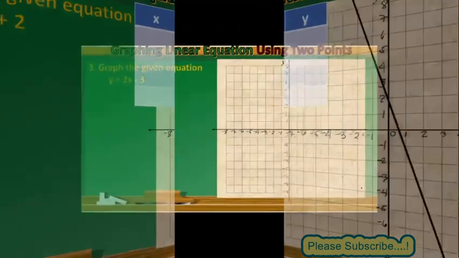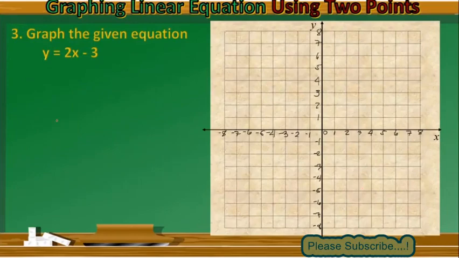Okay, number 3. The same, we have to set two values of x. You see here, let's try negative 2. If x is negative 2, then y is equal to 2 times the value of x, which is negative 2, minus 3.